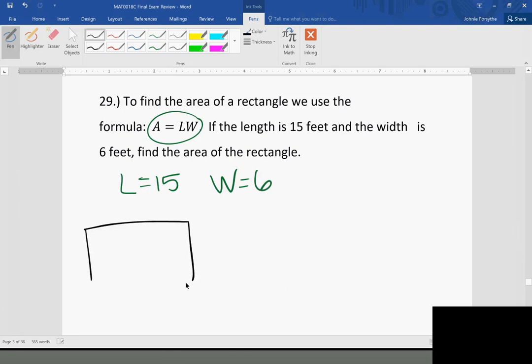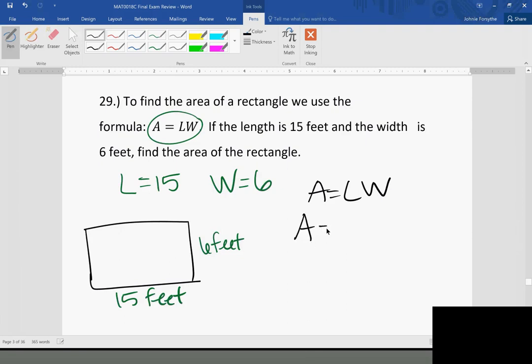So just so we know what we're talking about, I'm going to just kind of draw it out. So the length they're saying is 15 feet and the width is 6 feet. And so the area formula is length times width for a rectangle. We basically want to find 15 times 6.